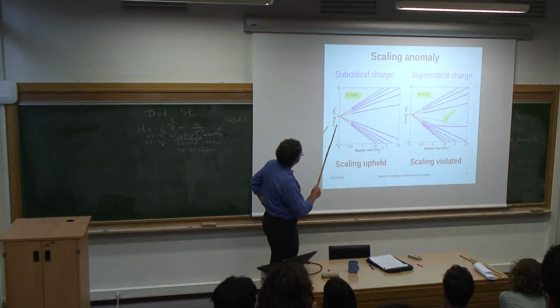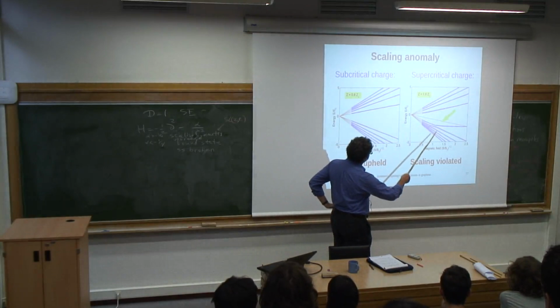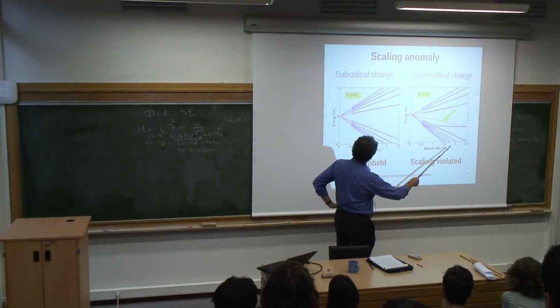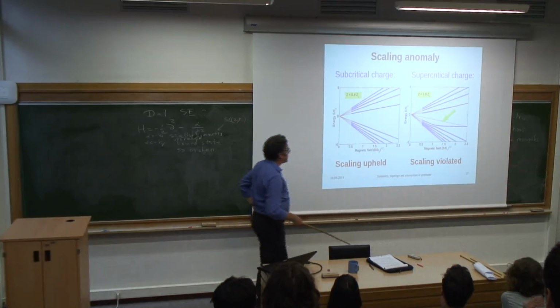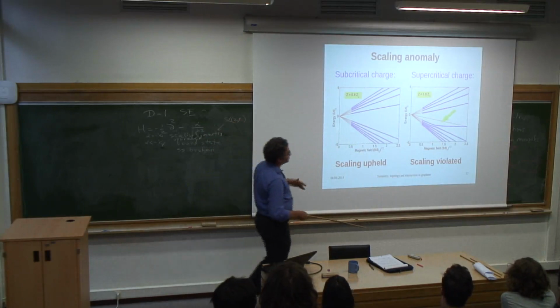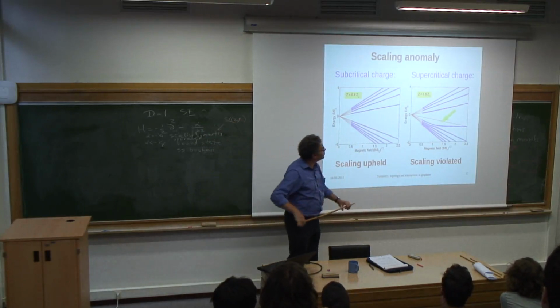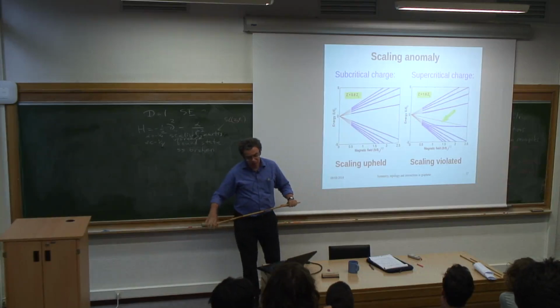But then go back to my simulation. If you now make it supercritical, then square root B scaling doesn't hold anymore, and you get clear deviations from square root B behavior. So what it means is that we can use, in principle, magnetic field as a knob to study the relation between collapse and scaling symmetry breaking.